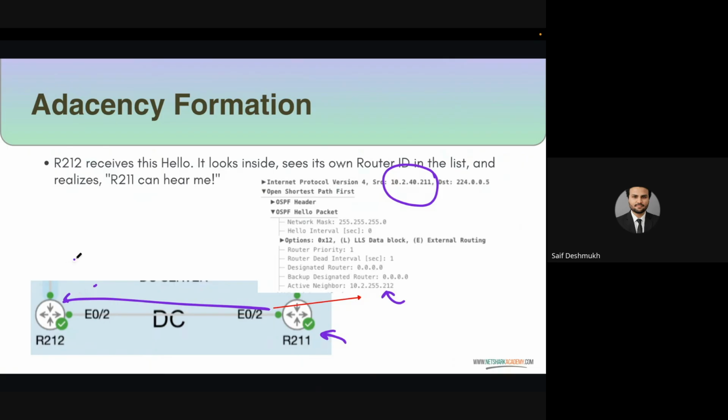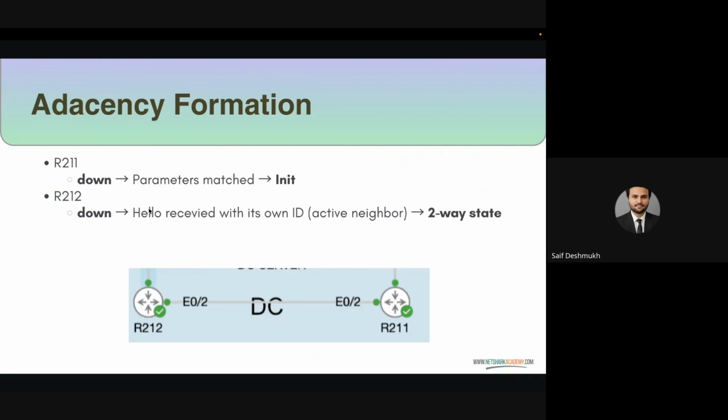And this is how router 212 directly from down state is acknowledging, okay, it directly goes through two-way state. Now, building on the documentation, or some documentation, I understood that it first goes down to init state, but actually router 212 here goes from down, because the hello was received with its own router ID, directly to the two-way state.